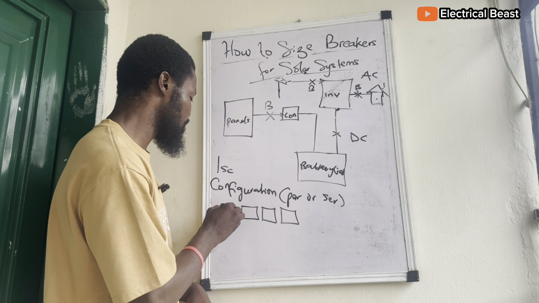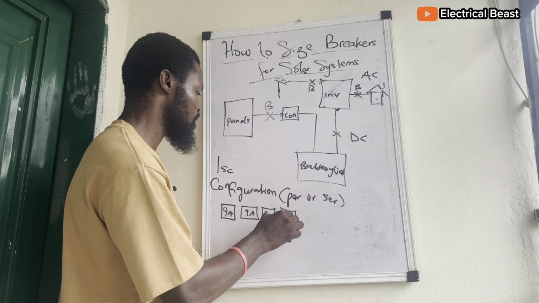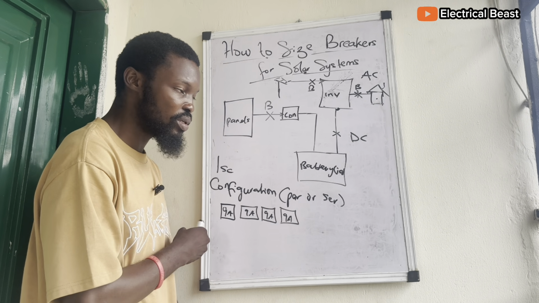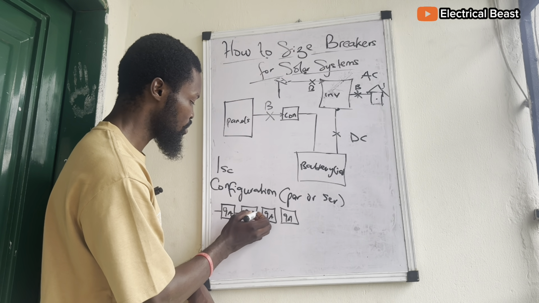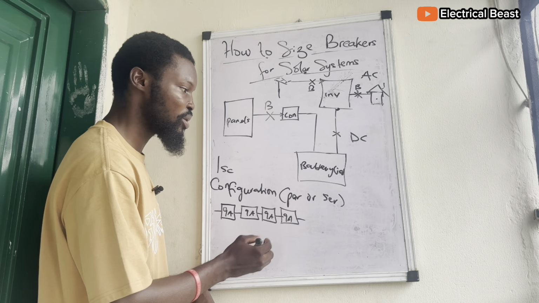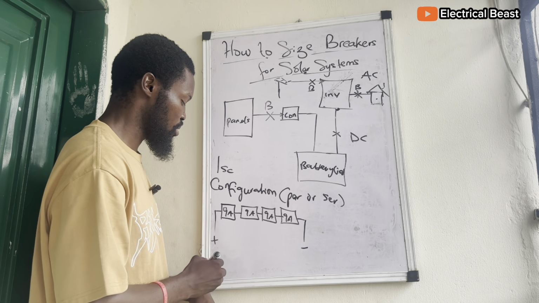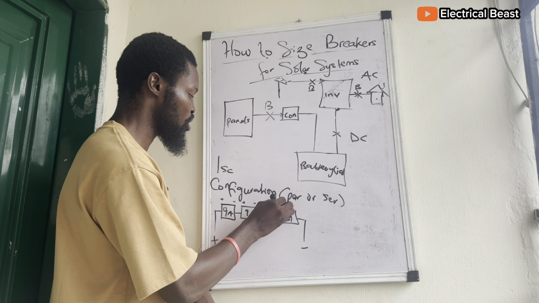So let's say 9 amps, 9 amps, 9 amps, 9 amps. Now, the implication of connecting these panels in series, what is series connection? Series connection is connecting like this because it's just plus, minus, plus, minus, plus, minus. And at the end, you have the plus, then you have the minus.